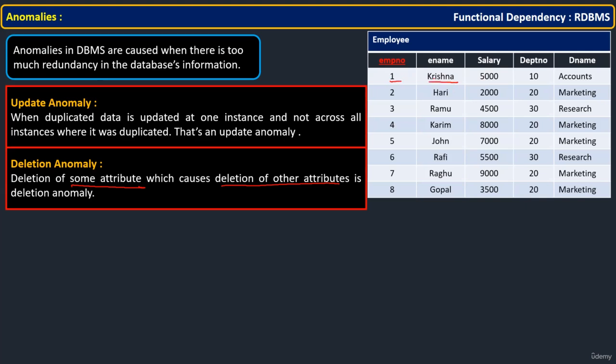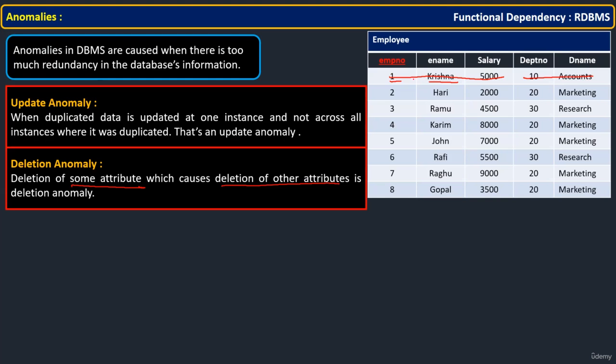Assume that he stopped doing the job in this company, so his record we have to delete from the database, right? Only Krishna you have to delete, but not that department. That is deletion of some attributes causing deletion of other attributes. If I delete this one, you are also going to delete this.